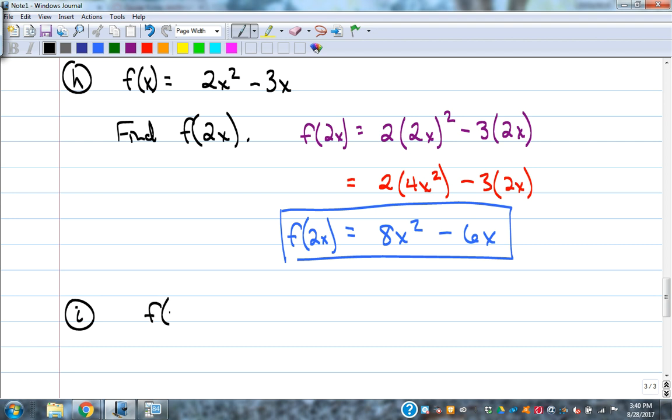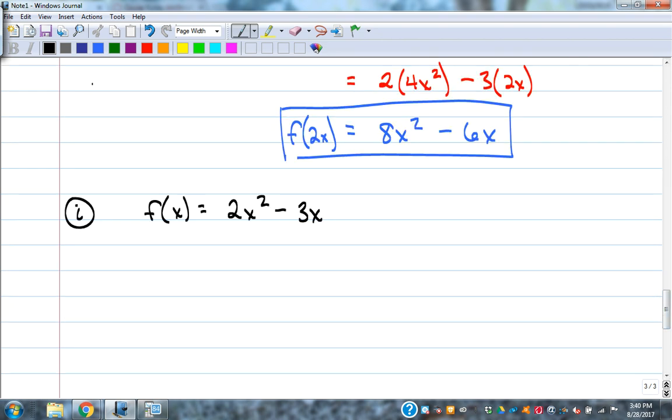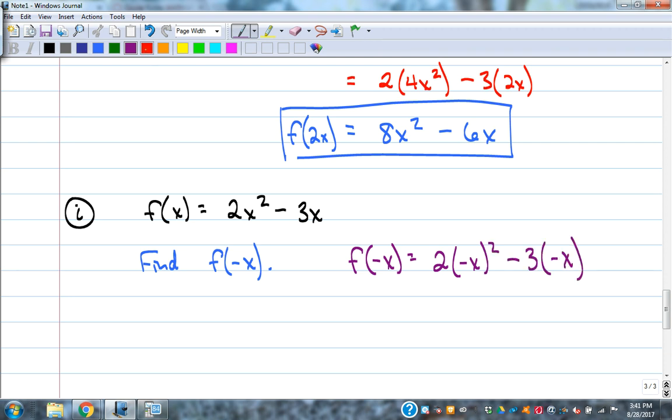Let's take the same function, f of x equals 2x squared minus 3x. And let's find f of negative x. So throwing that negative sign in there and seeing what we can do with that, and what that changes about the problem, or if it changes anything. Plug it in. 2 times negative x squared minus 3 times negative x. What's negative x squared?